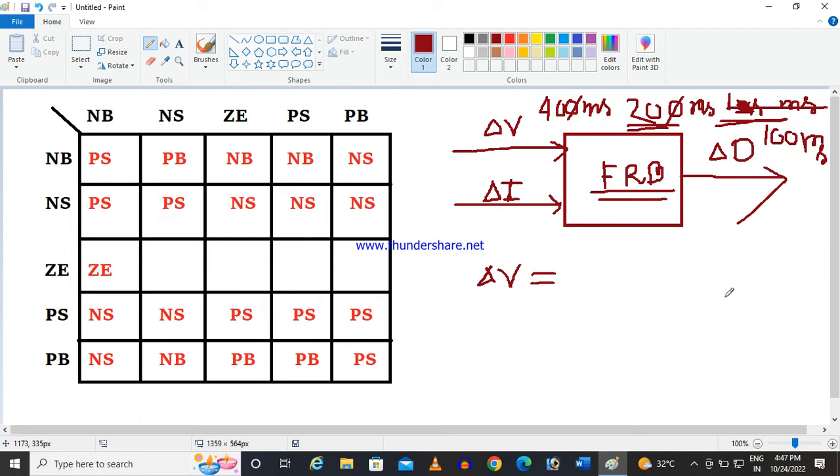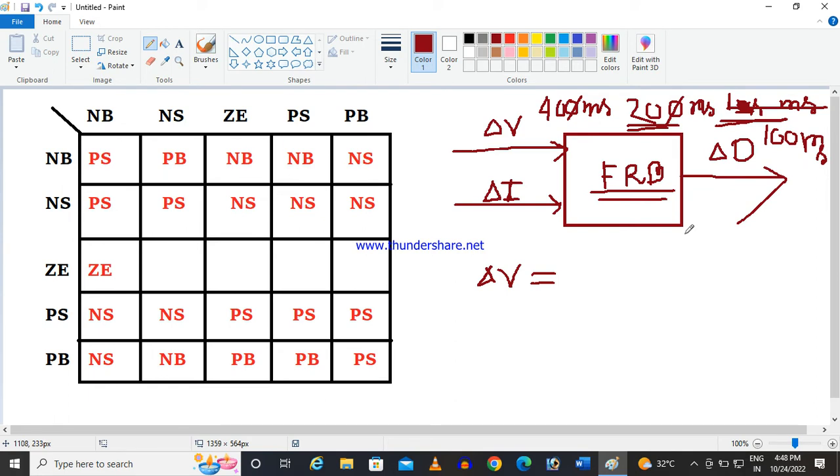So these two things are to be considered and optimized to obtain satisfactory performance of the system. This is the main consideration to design the controller.